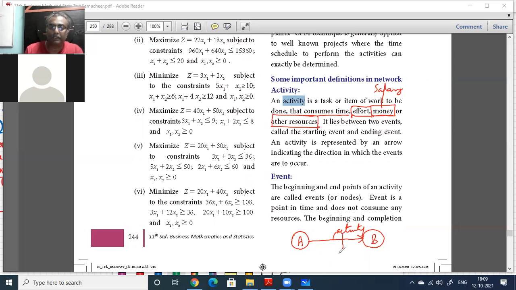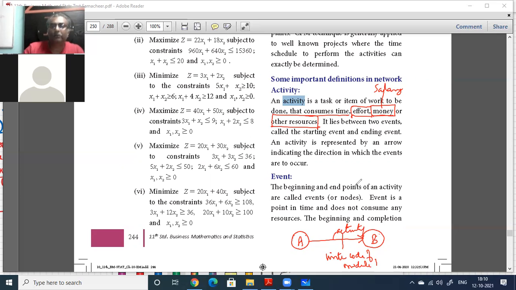Let us say this activity is write code for module 1. This will be the start event, this will be the end event. Between the start event and end event of the activity, you have the actual doing of the work.